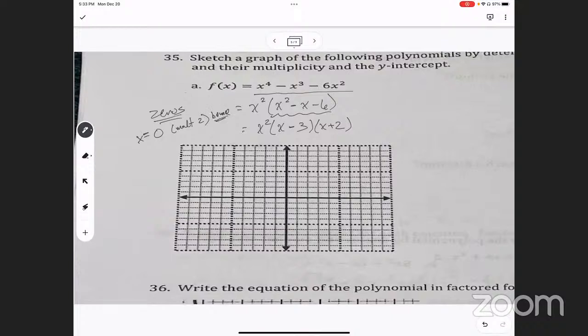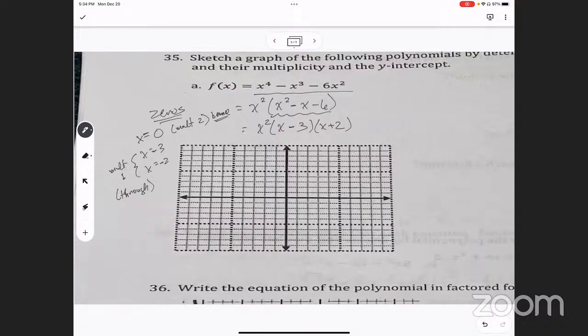That's what multiplicity means. And then I've got zeros of 3 and -2. See how I did that? And those both have multiplicity 1, which is odd, which means they go through.